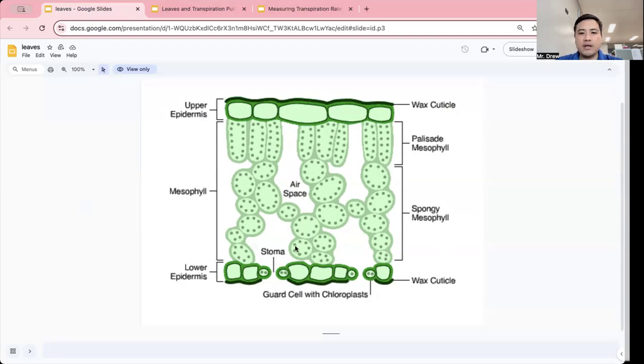Do we have the xylem there? We don't have xylem and phloem. And then stomata on the lower surface regulate the movement of oxygen and also carbon dioxide. So this structure allows the leaf to function efficiently in photosynthesis.